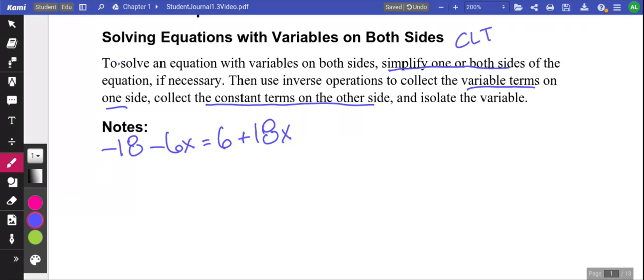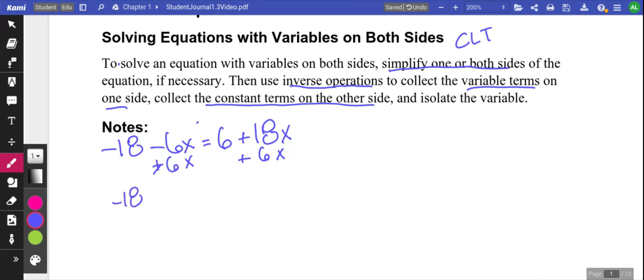So I should use inverse operations to collect variable terms on one side and constant terms on the other. Normally what I like to do is look for any negative variable terms, because then I can add. I feel like I make fewer mistakes when I'm adding instead of subtracting, but that's just me.